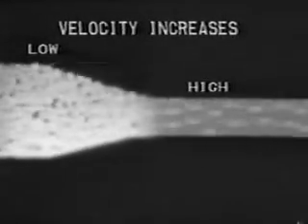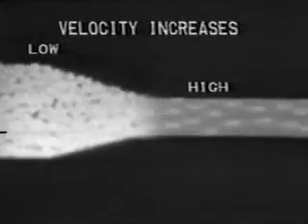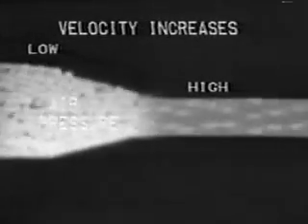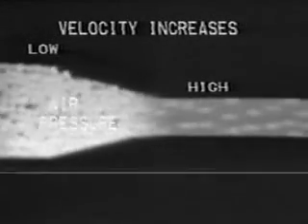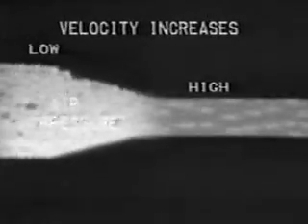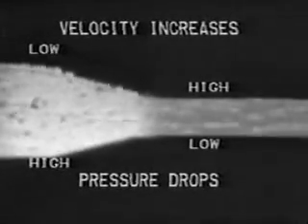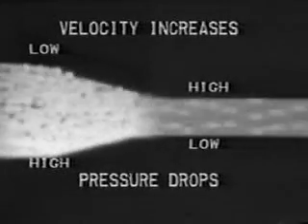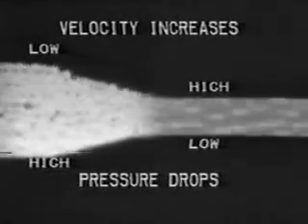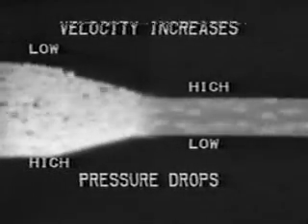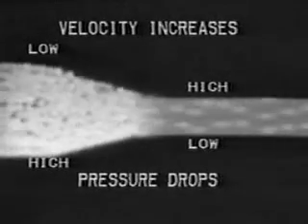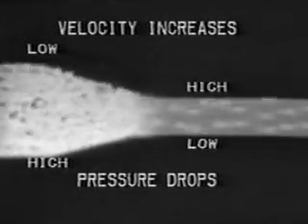Energy is required to increase air velocity, and the energy required here comes from the existing air pressure. As energy is converted from pressure to velocity, we see the air pressure drop. When air flows into a constricted flow path, we observe a velocity increase and a pressure drop.